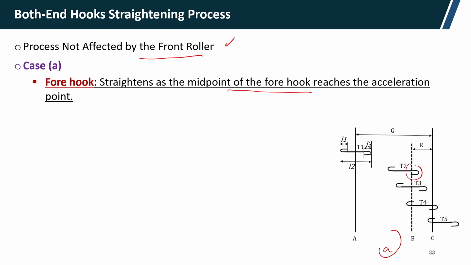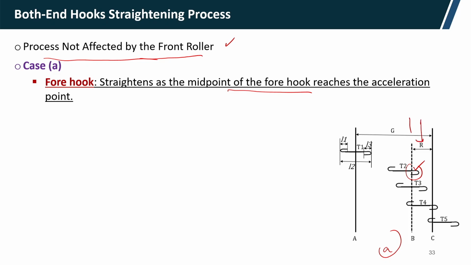So, as soon as the midpoint reaches the accelerating point B, it will get straightened, because we are discussing the case that before it reaches the front roller, straightening takes place.